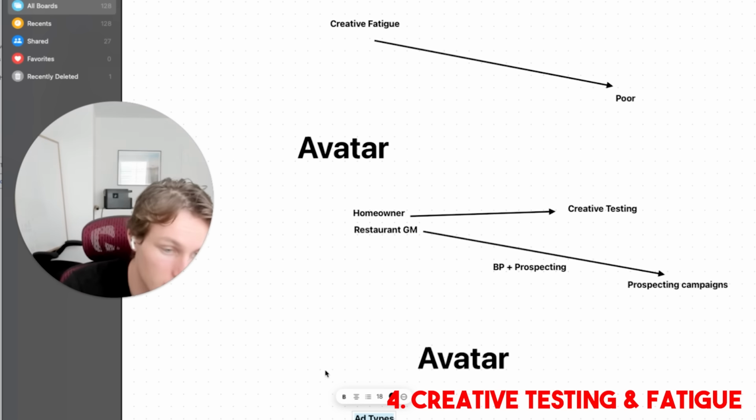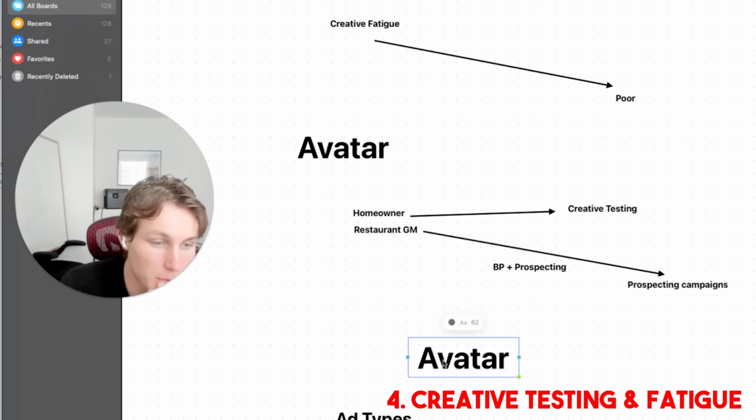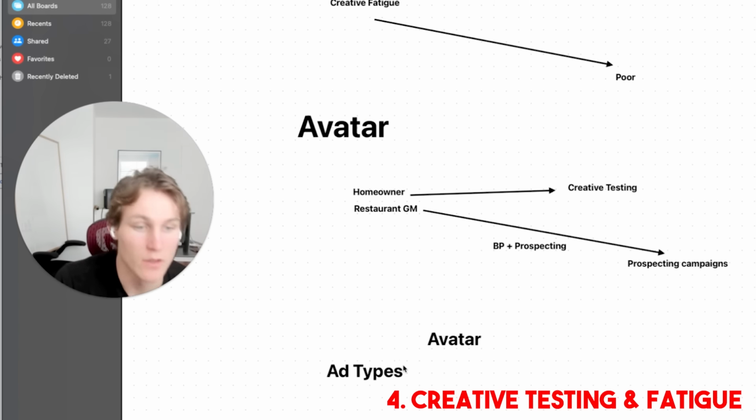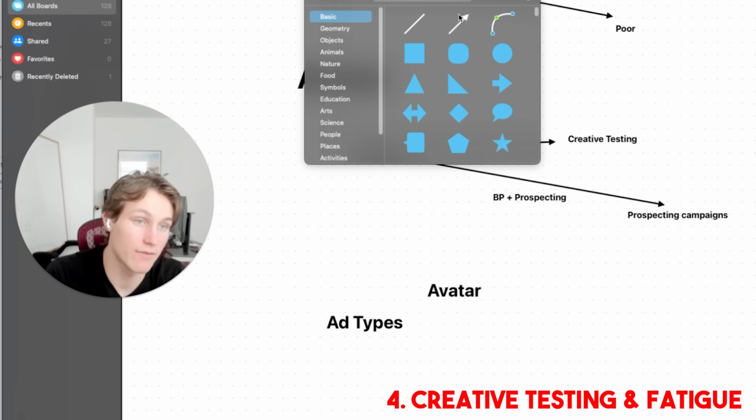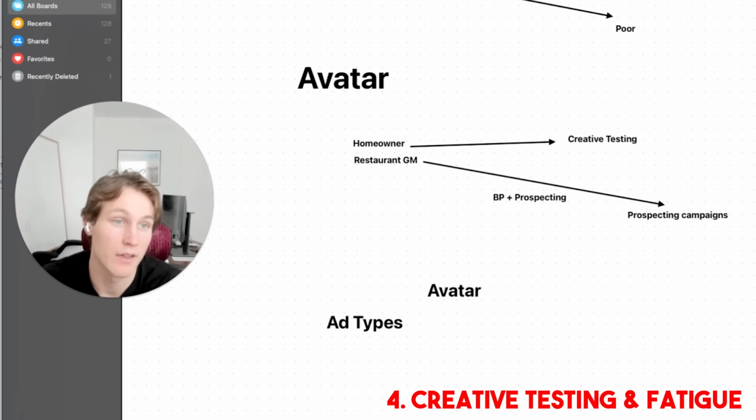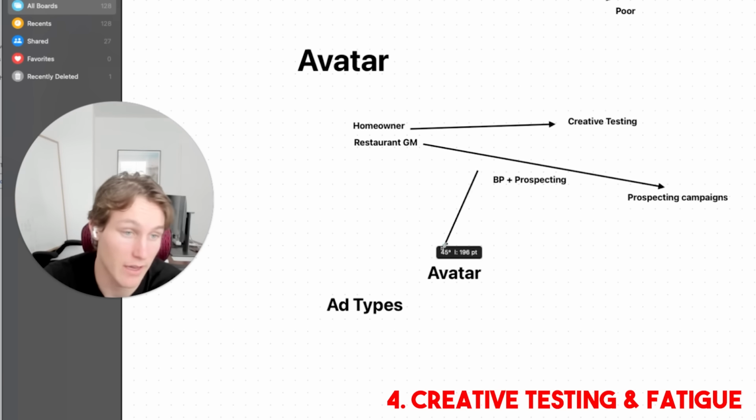Let's make this a little bit bigger. Let's make this a little bit smaller. Okay. So what's going to happen here? We're going to have five different types of ads, and we're going to have five different types of avatars, or however many, again, right? You do you, what makes sense for your business.